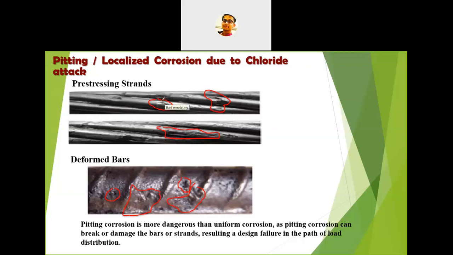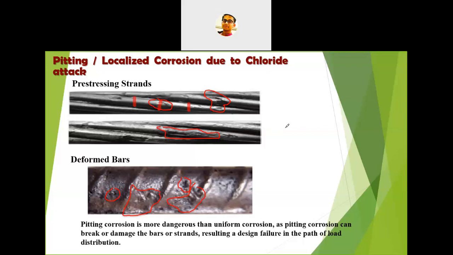If you take a cross section here, and here, and here, the different cross sections will be different, and at the places where the pitting has been formed due to this corrosion, the stress experienced by the strands at that particular place will be high, because the area of cross section is less. As we all know, stress is inversely proportional to the area of the cross section. So these are the particular points where the pit will be.